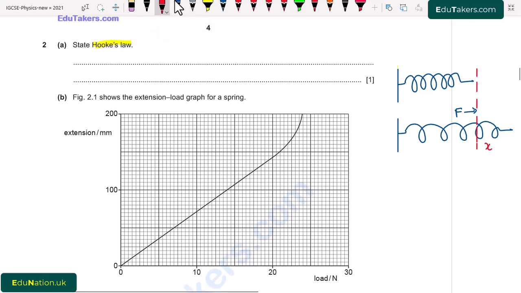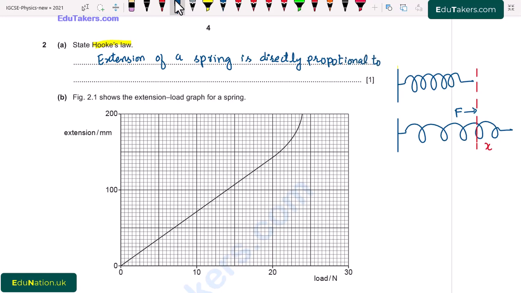So I write here the definition of Hooke's law. Extension of a spring is directly proportional to the load until the elastic limit.